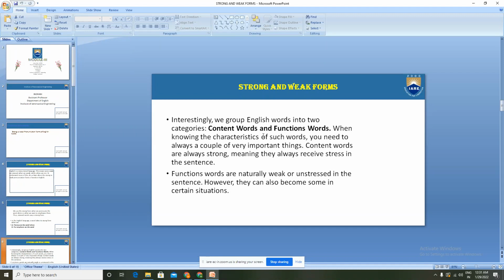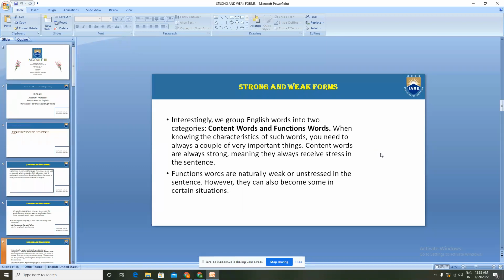When knowing the characteristics of such words, you always need to know a couple of very important things. Content words are always strong, meaning that they always receive stress in a sentence.